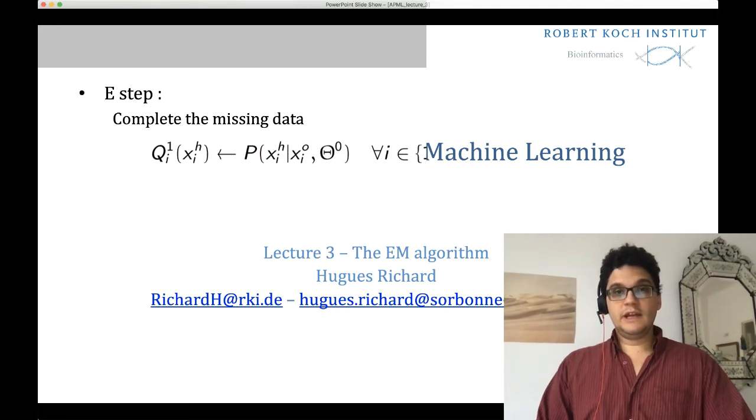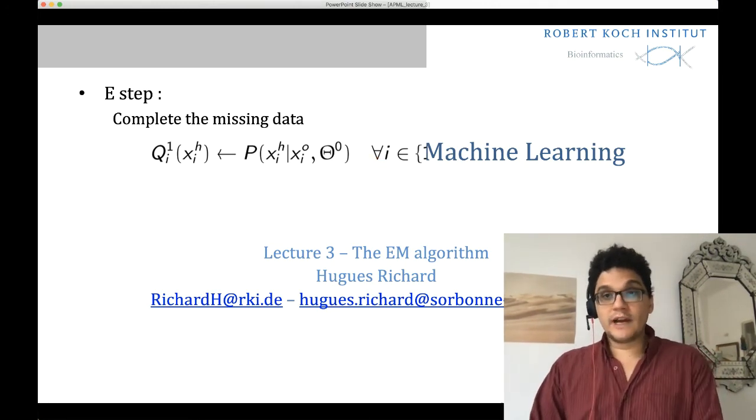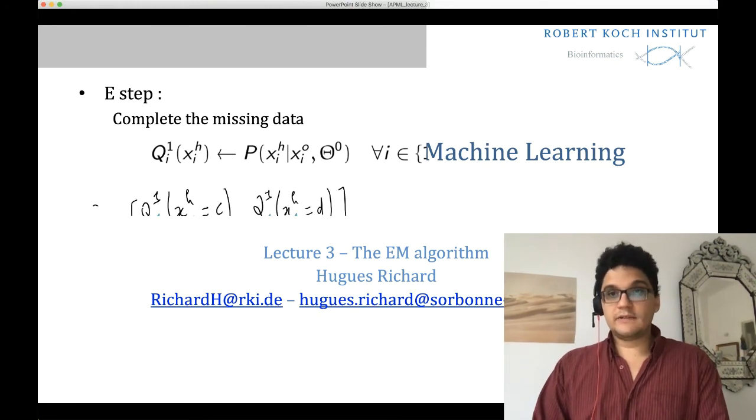So here you see the 2 first samples have hidden variable, the hidden variable corresponds to the variable C. And so it can take value C or D for x1h, and x2h can take value C or D.